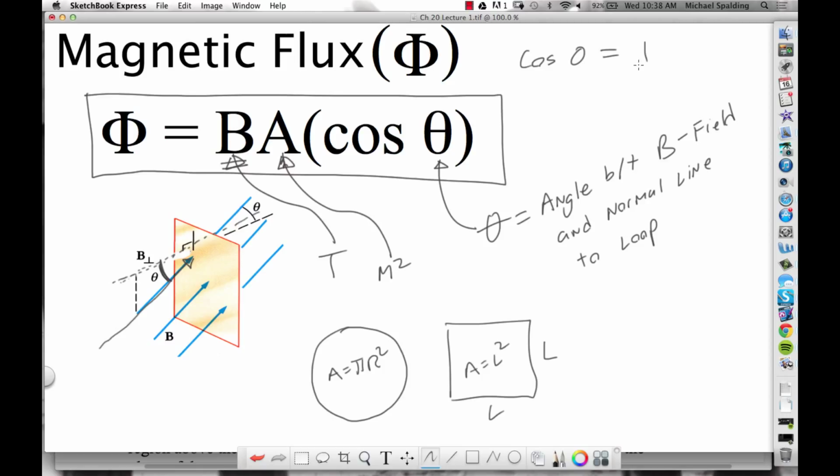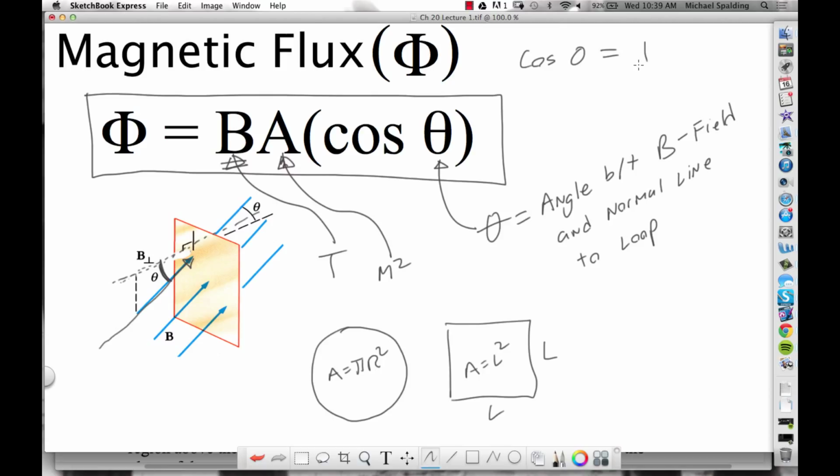Now what's the other extreme? The other extreme would be the magnetic field coming at the loop like this, where the magnetic field is parallel to the plane. If the magnetic field comes in like this, what's the angle between the normal line and the field? 90.